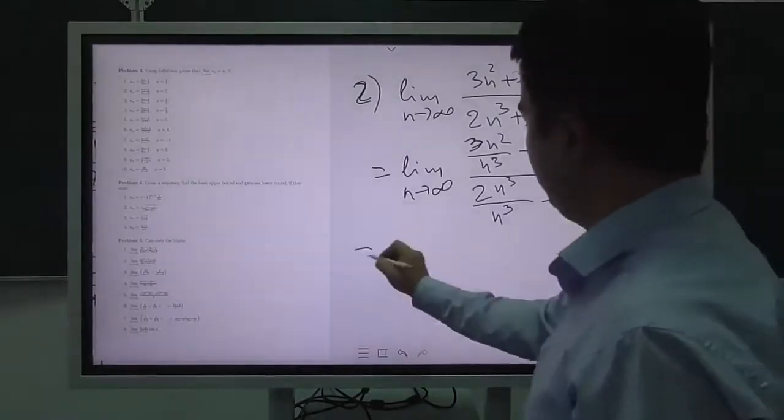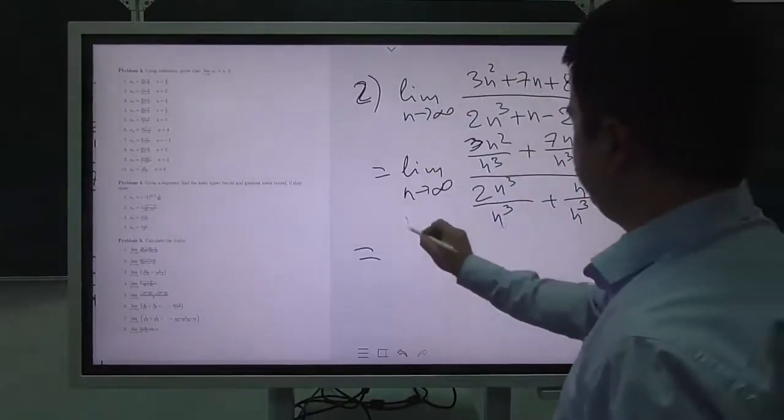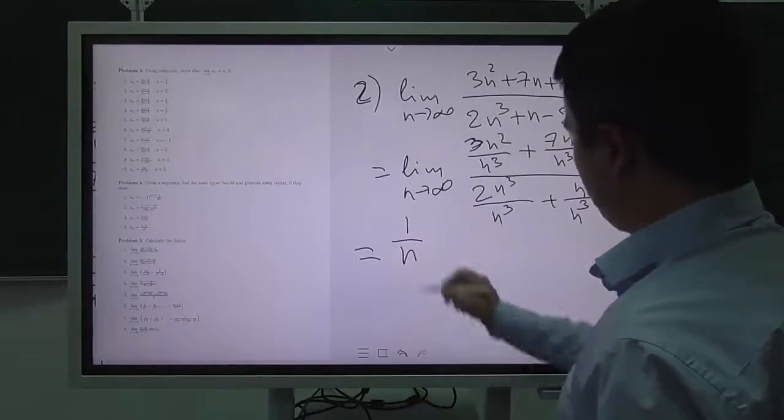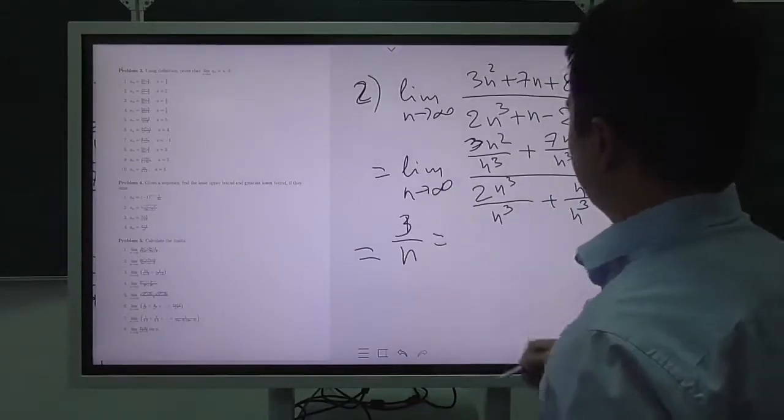If we continue, what we have here, it is 3 over n, we have a coefficient also, it doesn't matter in this case.